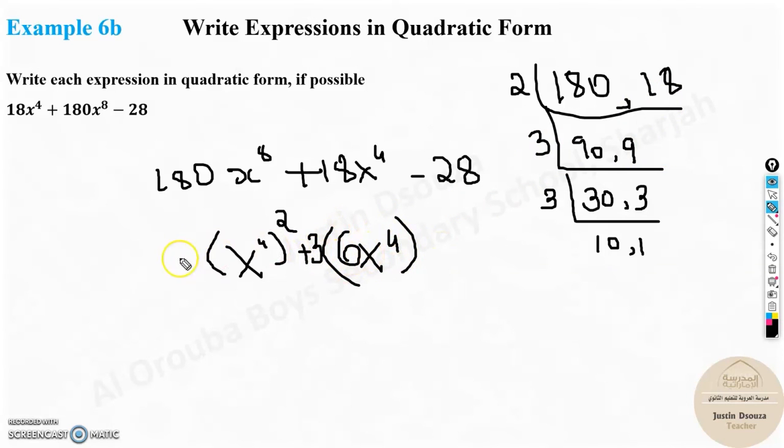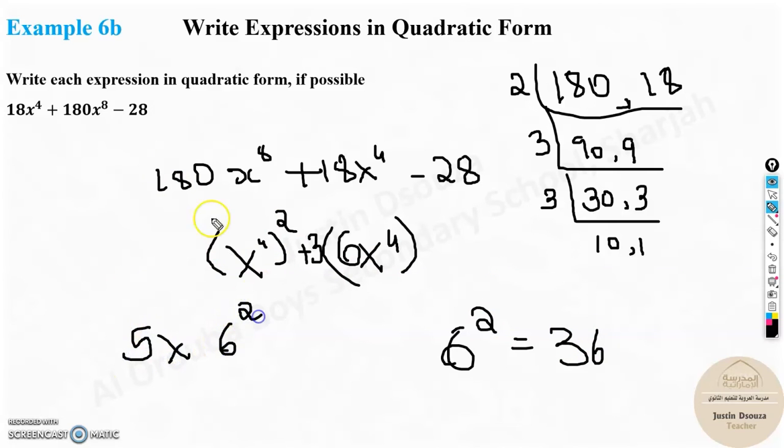Okay, this is simplified. What about the left side over here? You need to have 6 to the power 2. One second. 6 squared is 36. So how many times do you have to multiply 36? You can multiply 36 by 5. So this can be written as 5 times 6 squared.